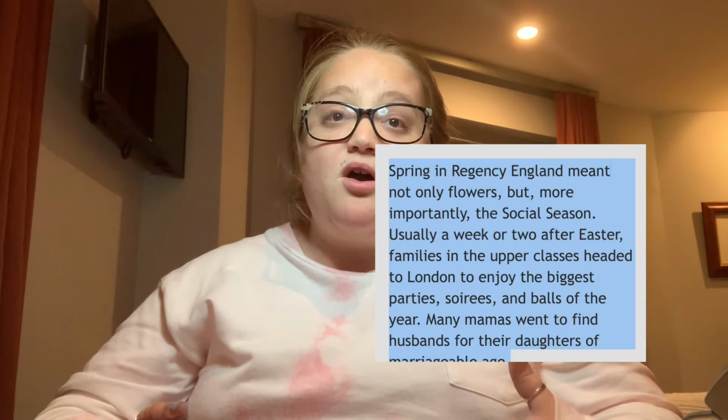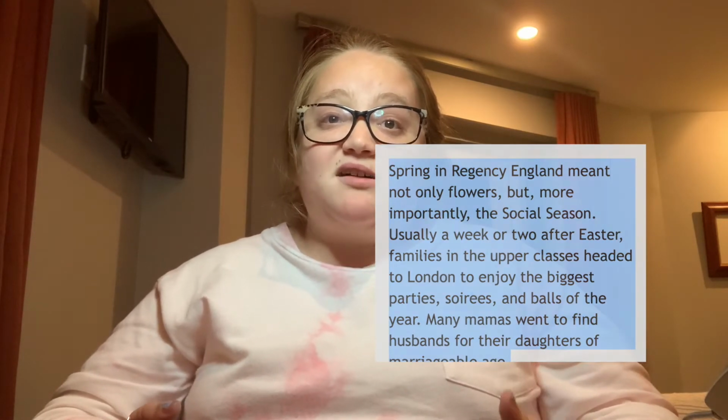The season refers to a period of time in the year where it was customary for the nobility and gentry of England to host balls, dinner parties, and other events in London. There was not a whole lot of precise information about what time of year this is, but a rough estimate would lead me to believe that it lasted from December to early June.